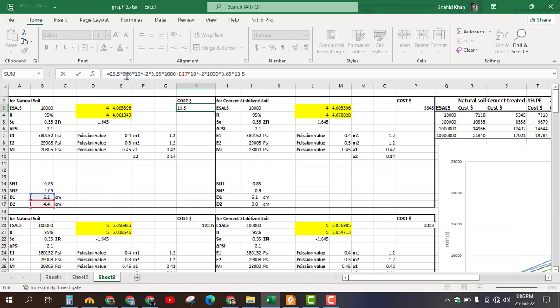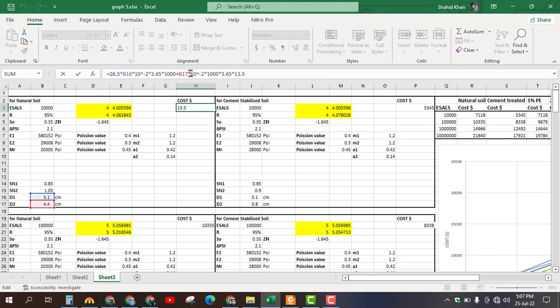Converting this value into meter, multiplying it with 10 power minus 2, then it becomes meter. Then multiply by 3.65 meter, the lane width for a single lane, and 1000 is the 1 kilometer distance. So this is the cost of the asphalt layer, and plus this is the cost of the granular base.